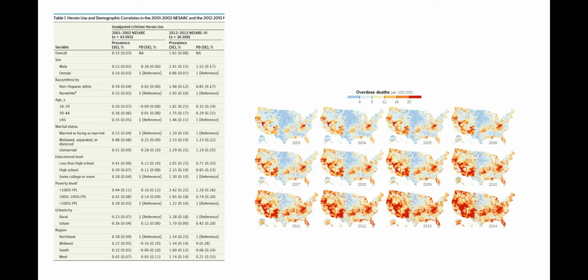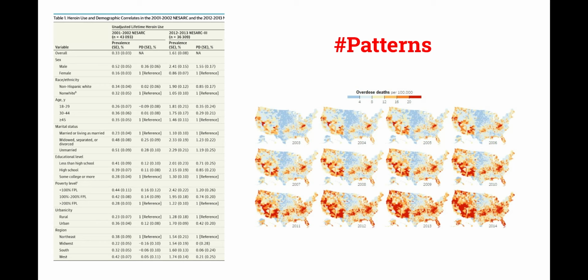We can see that the risk is not evenly distributed across the landscape, and that in some parts of the country it's increasing over time. So again, hashtag patterns. Patterns is the name of the game. That is a huge part of epidemiology. And this is what we've been used to thinking about and doing so far.